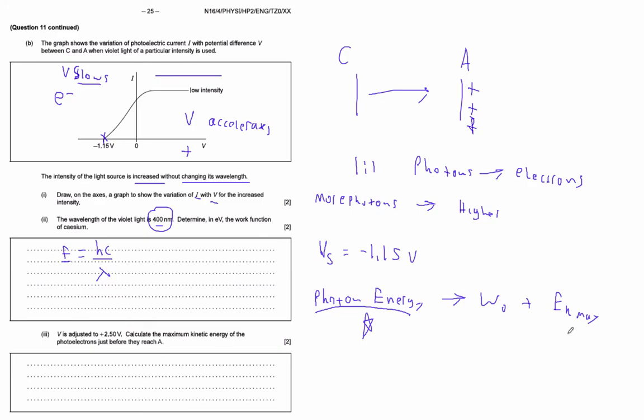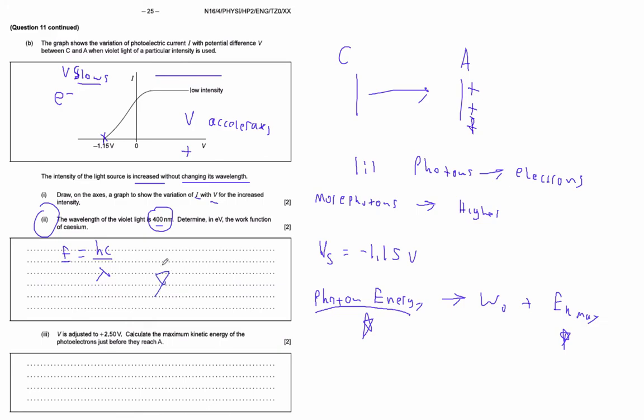We know our maximum kinetic energy is 1.15 electron volts. I get that the photon energy is somewhere between 3 and 4 electron volts. Then just set up your equation: 3.1 equals 1.15 plus whatever that work function is. I got that my work function was more than 1 electron volt, less than 2.